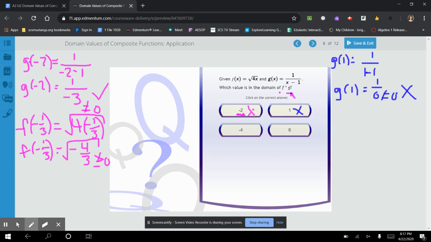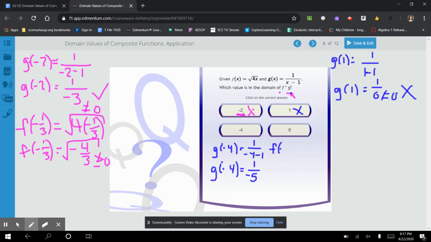So let's try out -4. I'm looking at g of -4 is going to be equal to 1 over -4 minus 1. So g of -4 is going to be equal to 1 over -5. That works out okay. -5 is not equal to 0. So I'm going to take that and plug that into f of x.